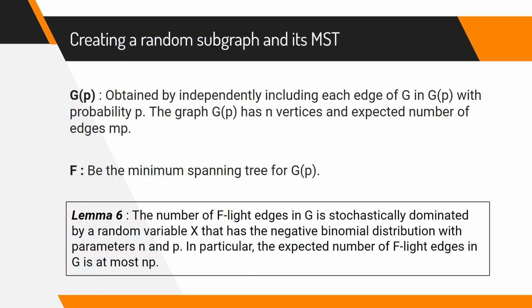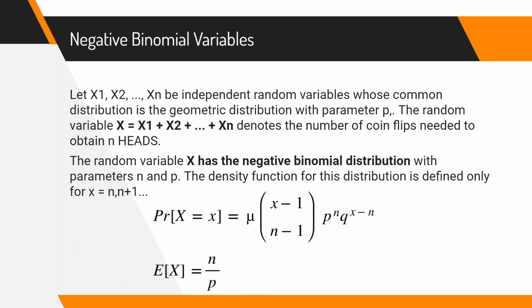We need a little more concept for our probability distribution. A random variable X has the negative binomial distribution with parameters n and p if it counts the number of trials required to have n successes, where each trial has a probability of success p. That's like a coin toss.